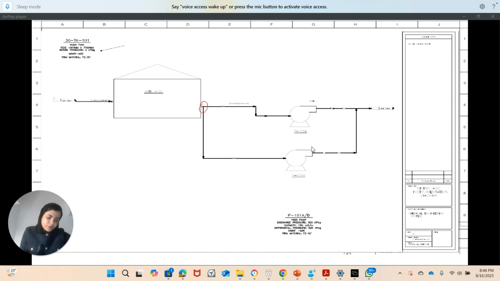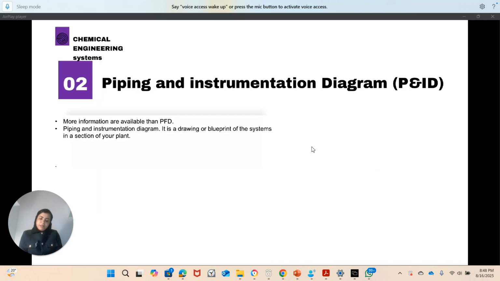And here also you have a mixing point, and this will not be transferred to a PFD or P&ID because it's not really an actual equipment. If the equipment is actually a mixer, a capital equipment, then it should be included. However, those mixing and splitting points usually are not capital equipment.